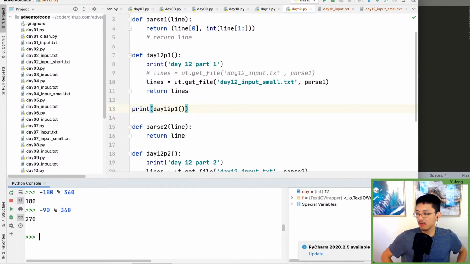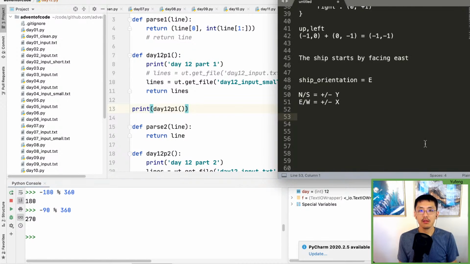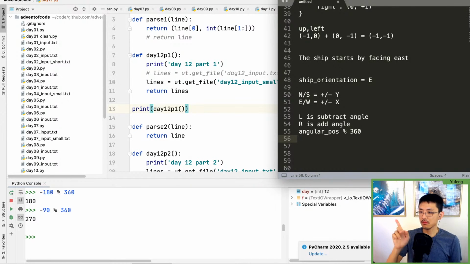So we can take whatever they tell us, and L is negative, so L is subtract angle, R is add angle, and then you take angular position mod 360, and then whatever you get, I think we're calling this way 0.